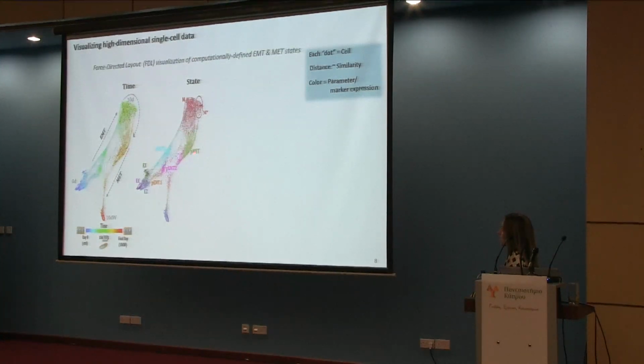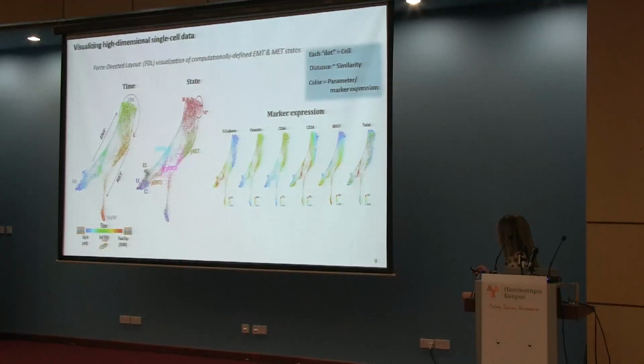So there's a distinct state that the cells hadn't visited before that they have to go through to become epithelial again. Now, why is that important? Like I said, each of these states is defined by a different combination of protein expression that you could hypothetically target or assess how well the patient is doing. And then within this space, you can look at each and every protein of interest, how they are expressed in these different states that we defined.